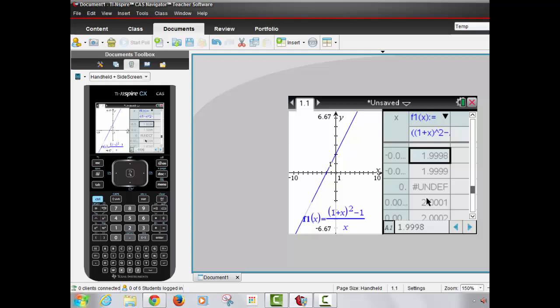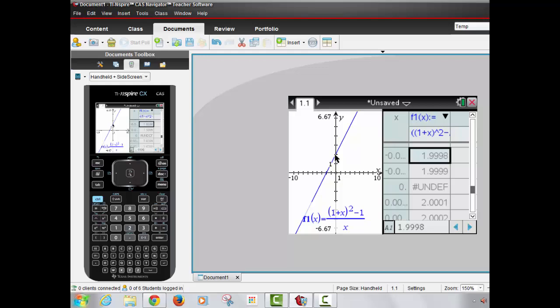Oh, on the right side of 0, my y values are also getting really close to 2, 2.0001. I would say that that's essentially 2, and I would say that 1.9999 is essentially 2 for this purpose. So that says that as our x values are getting closer and closer to 0, even though our function is not defined at 0, our y values should be getting closer and closer to the number 2. And that's what the graph shows us.